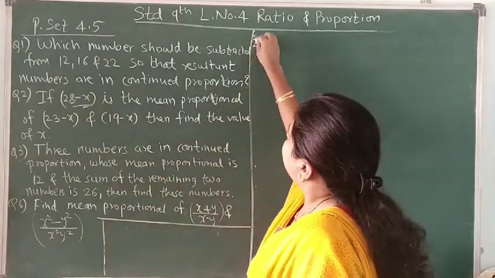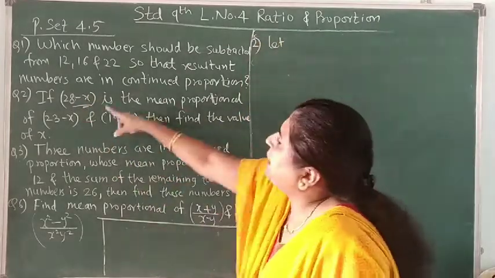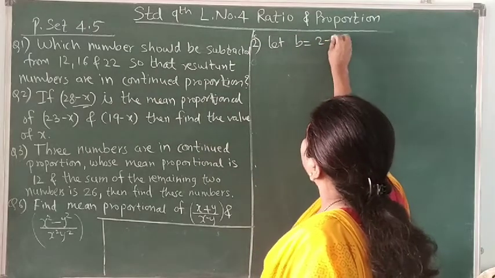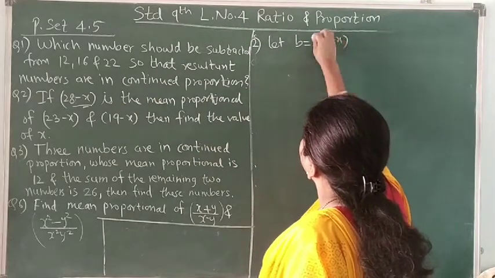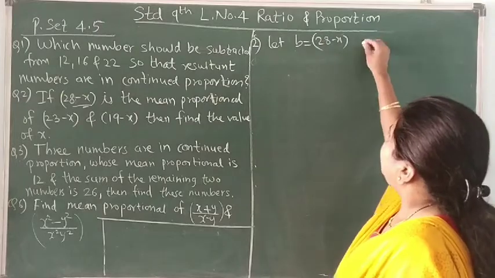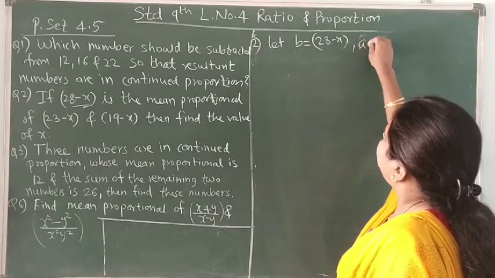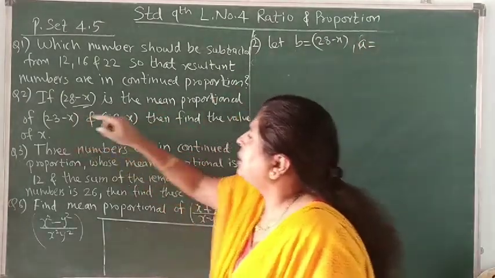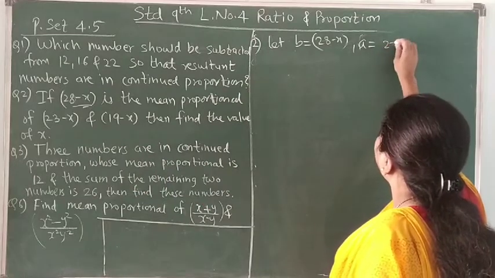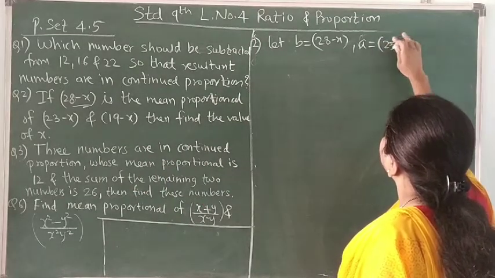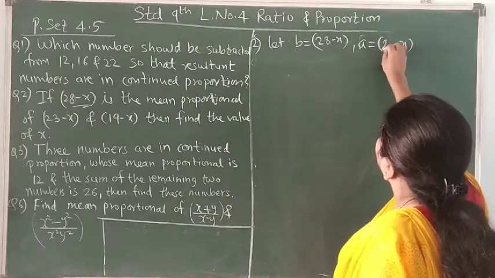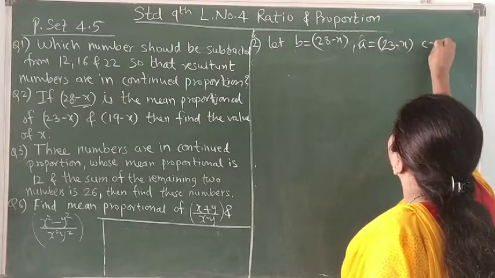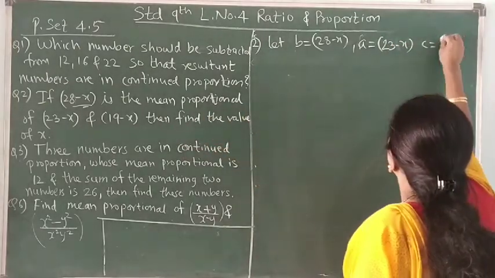So let b be equal to 28 minus x. This b is the mean proportional of a and c. And so a is going to be equal to 23 minus x, and c is going to be equal to 19 minus x.